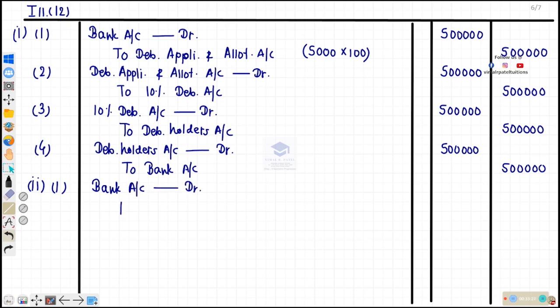Bank account debited to debenture application and allotment, 5,000 into 95, 4,75,000.